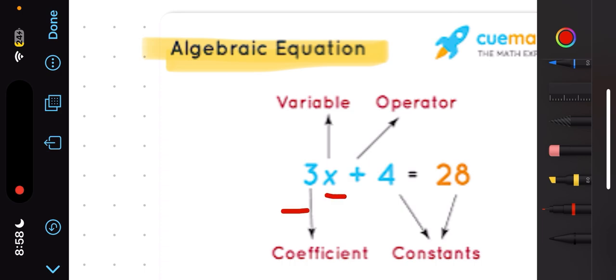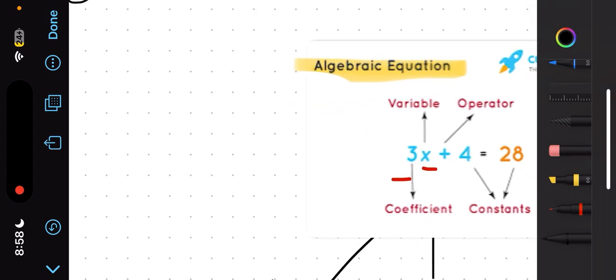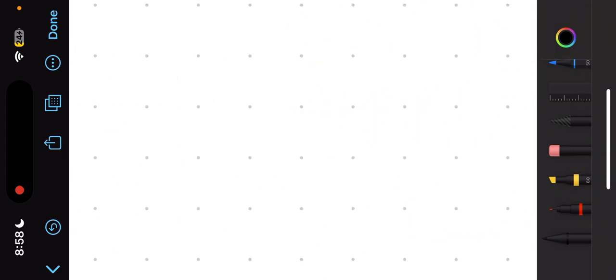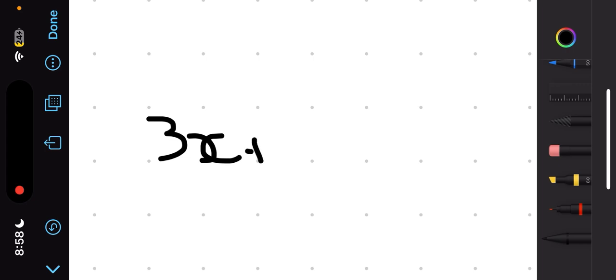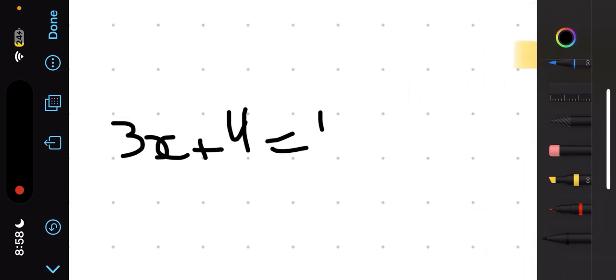What is a variable? A variable holds a value. Suppose this x could be 2 or 3. It holds a value. For example, I'm just solving it, don't take it in a difficult way. We have the question 3x plus 4 is equal to 28.